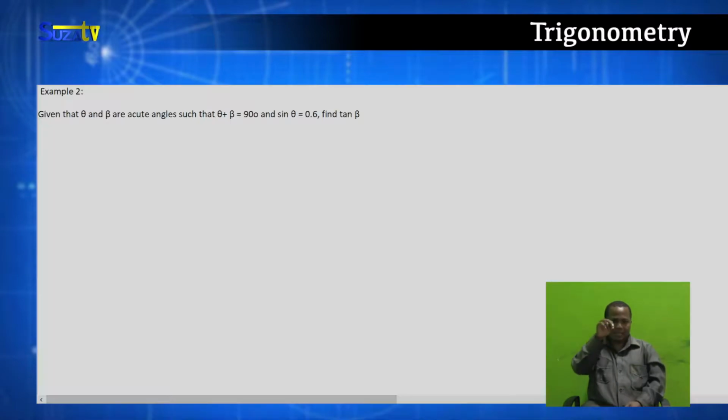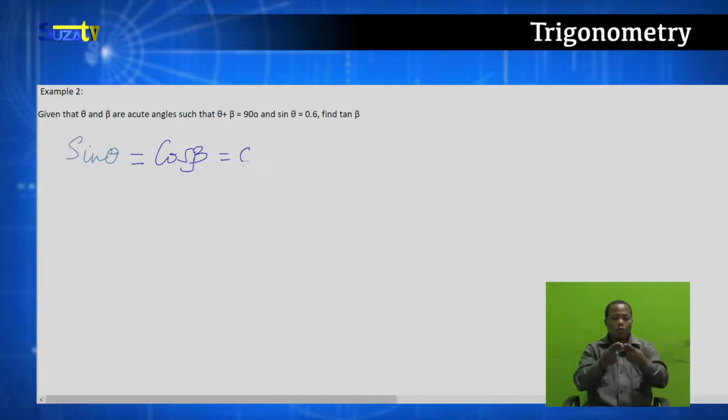So if beta and theta are complementary angles, this means sine of angle theta is going to be equal to cos of angle beta, and this is equal to 0.6.